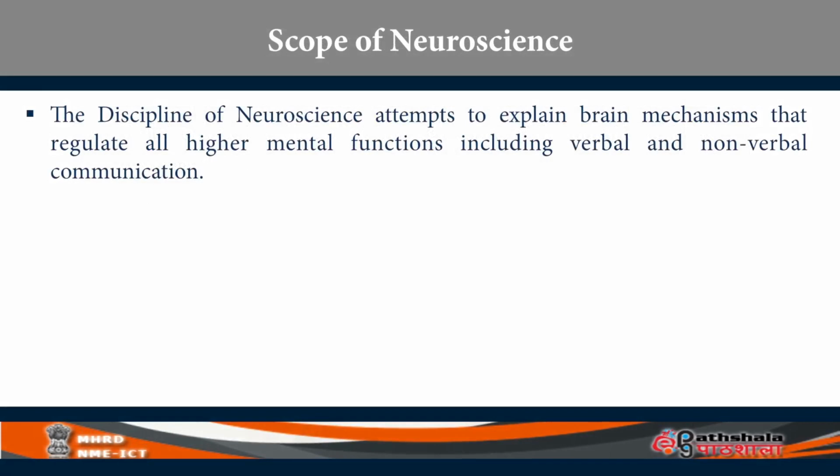Let me say a little bit about the scope of neurolinguistics itself. Neurolinguistics belongs to the discipline of neuroscience, which attempts to explain brain mechanisms that regulate higher mental functions, including both verbal and non-verbal aspects of communication.